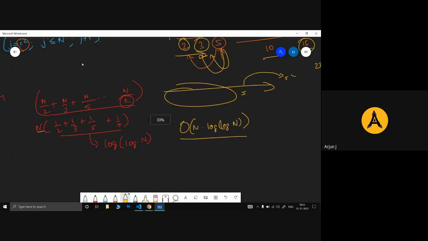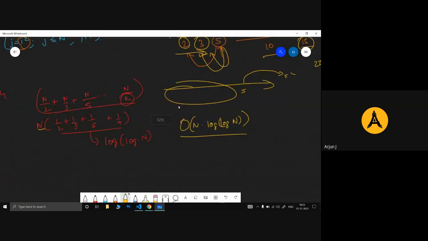It is obviously much better than O of n for each test case that we took, and obviously better than O of n into square root of n, because we discussed that for multiple test cases, that will be O of t into square root of n, and the first approach that we discussed was t into n.